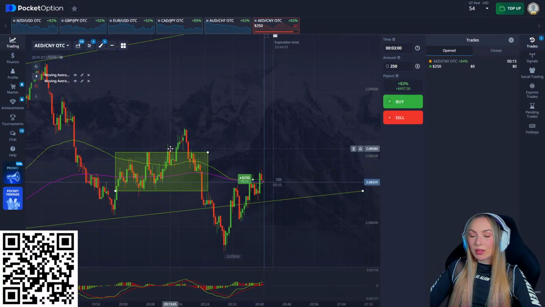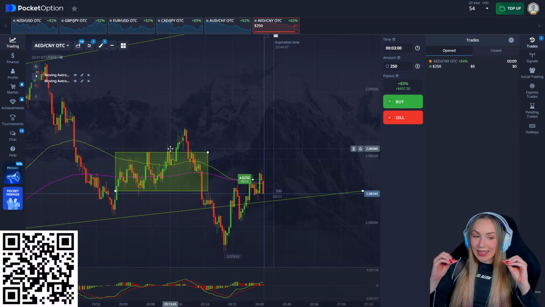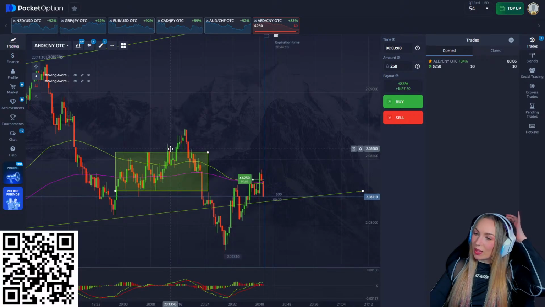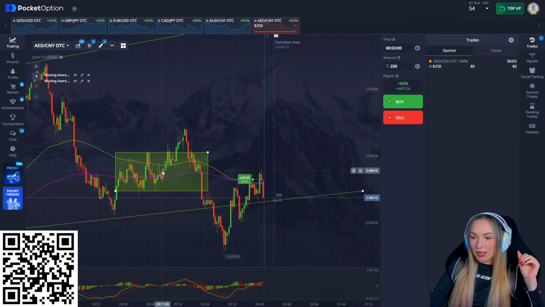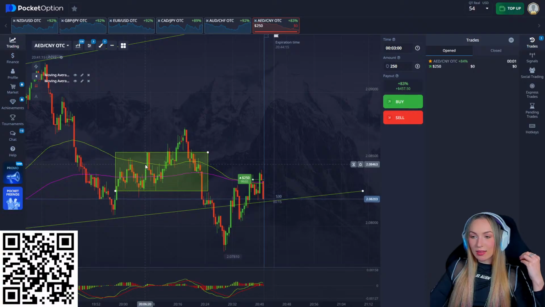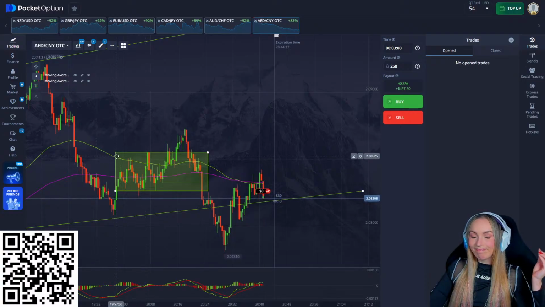But what will the market decide? Again, in the last seconds of the trade, the price went down. So 3 minutes again got too much maybe.